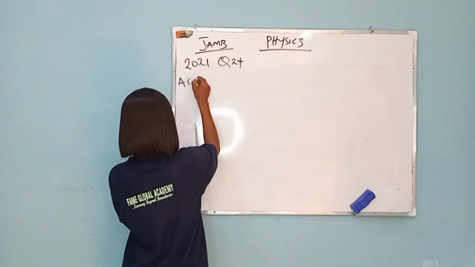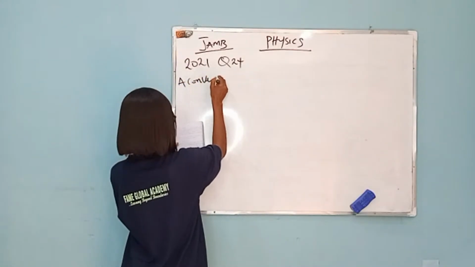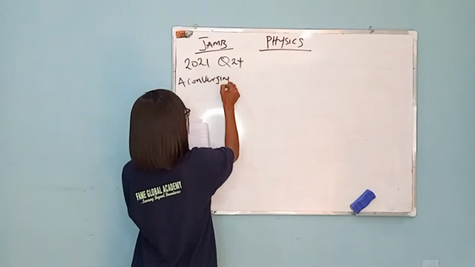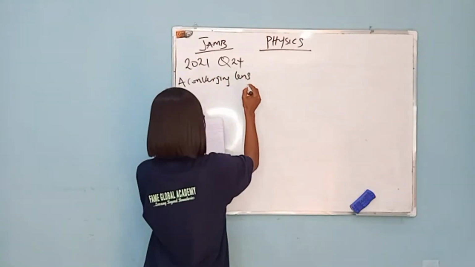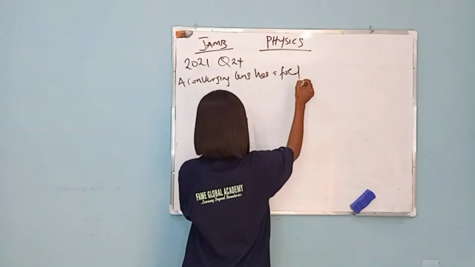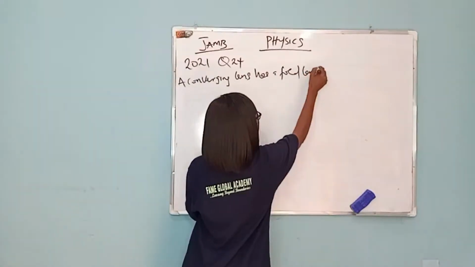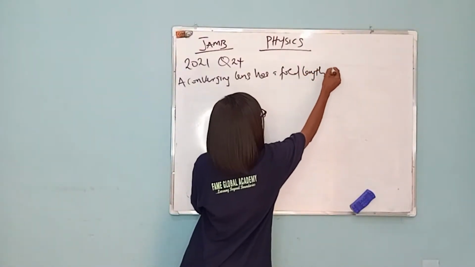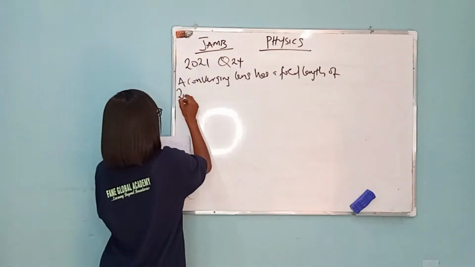A converging lens has a focal length of 20 centimeters.